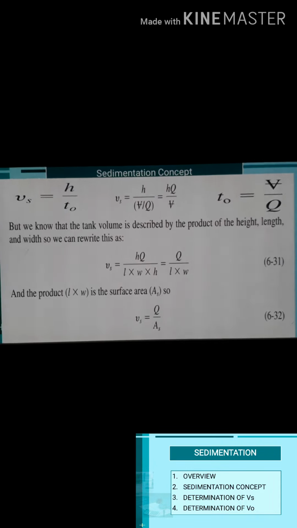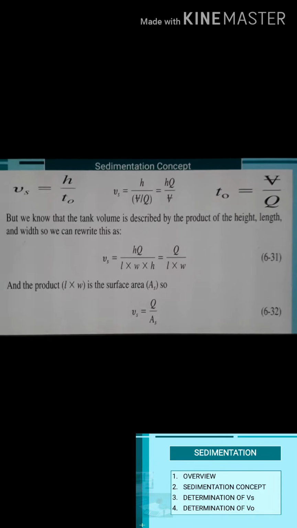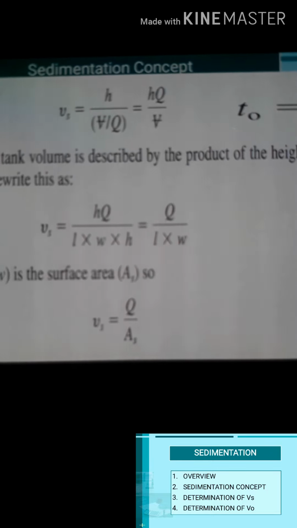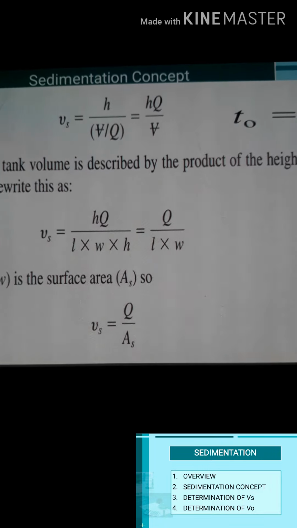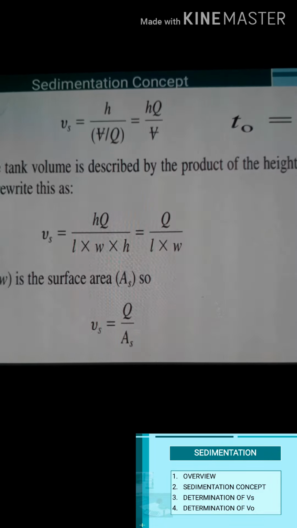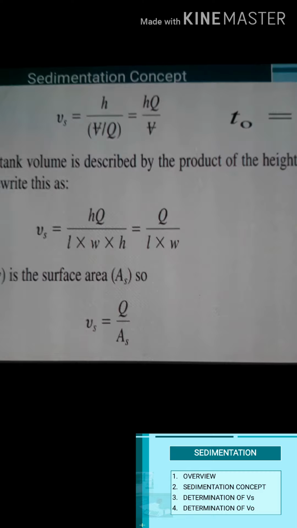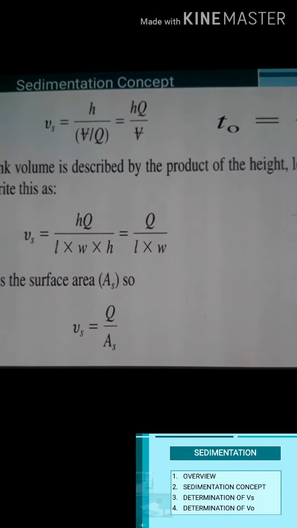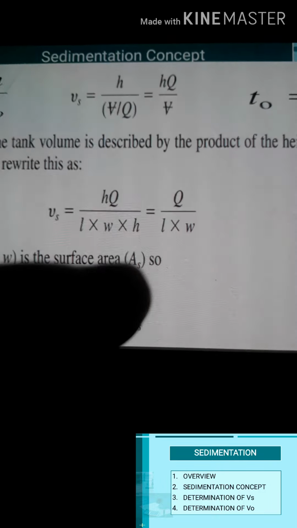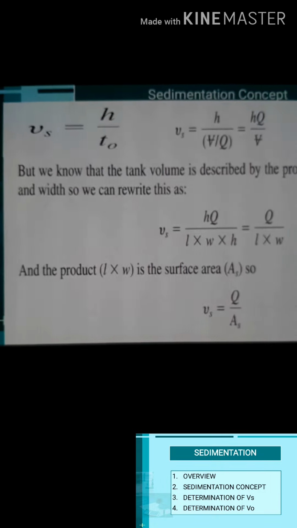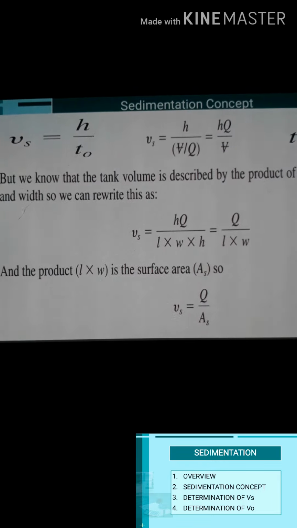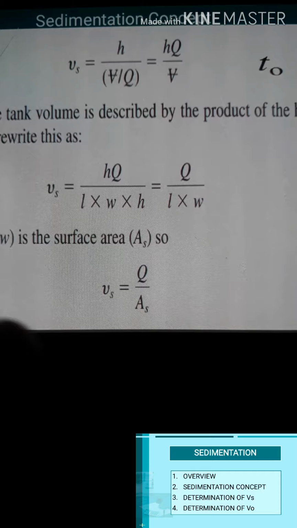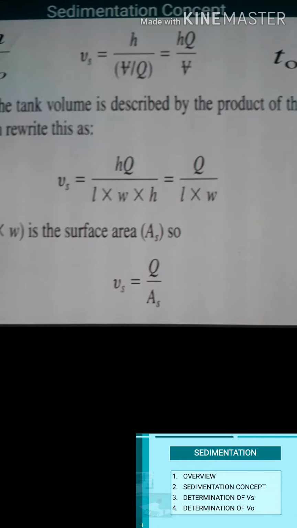But we know that the tank volume is described by the product of the height, length, and width, so we can rewrite this as Vs equal to H times our volumetric flow rate over length times width times height, which is also equal to volumetric flow rate over length times width, since the height cancels out. Okay? And the product of L times W is the surface area. Simply saying that Vs is equal to volumetric flow rate over our surface area.